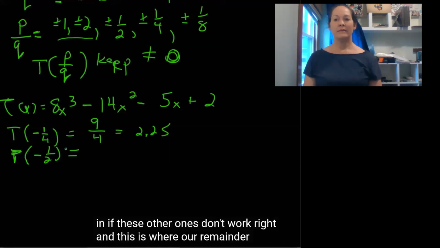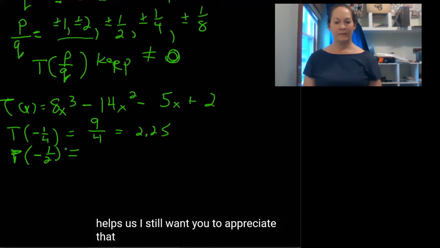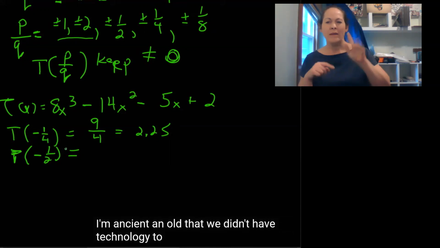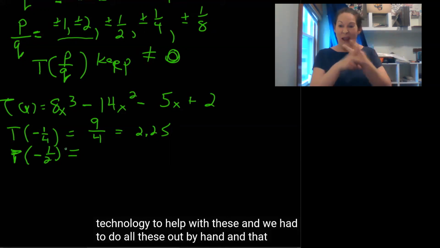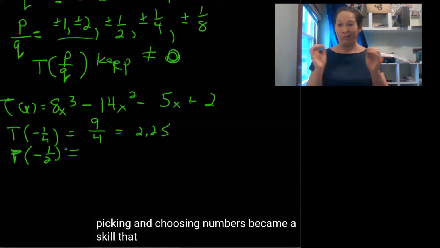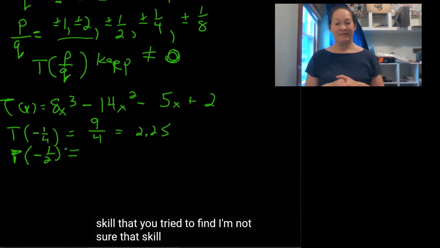And this is where our remainder theorem helps us. I still want you to appreciate that in my younger school days, because I'm ancient and old, we didn't have technology to help with these, and we had to do all these out by hand, and that picking and choosing numbers became a skill that you tried to find. I'm not sure if that skill had great advantage afterwards.